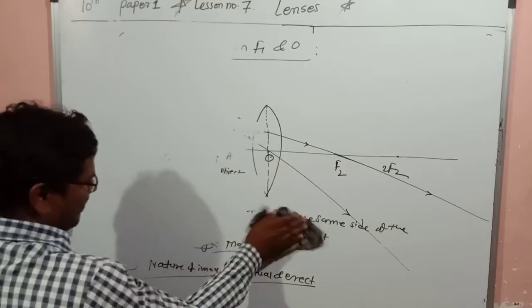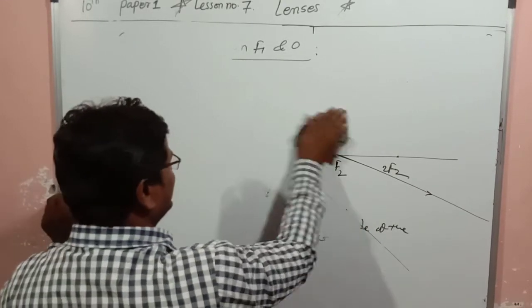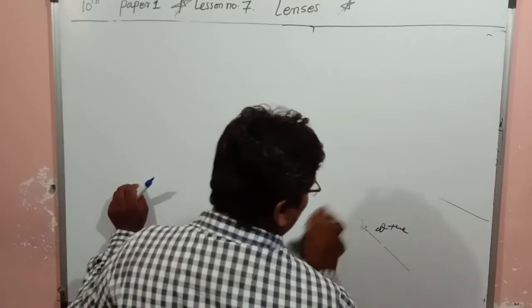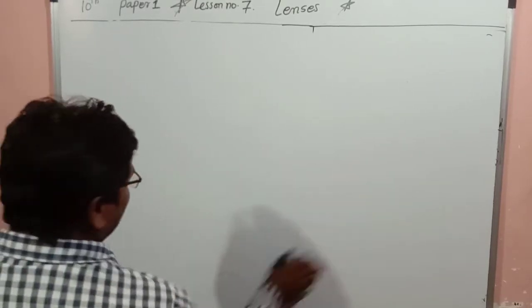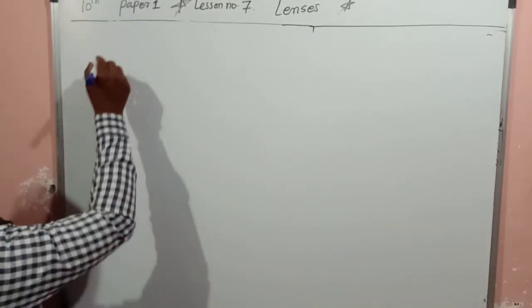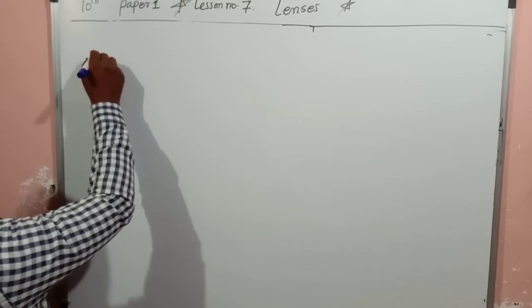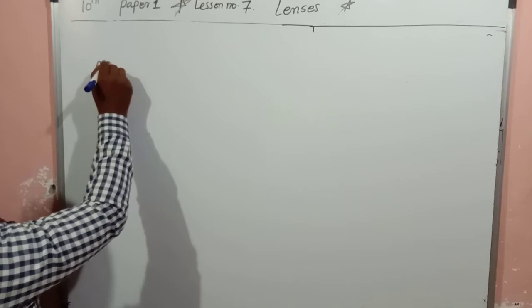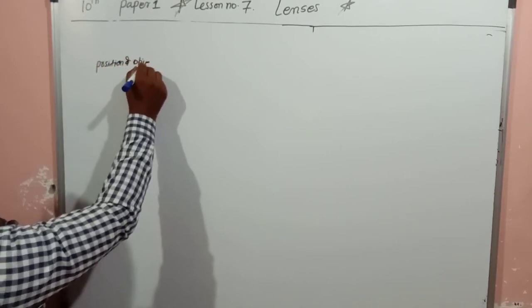So what is that table? If you practice the ray diagrams, you can remember that table very easily. So we'll draw that table. In that, first here is the position of object.